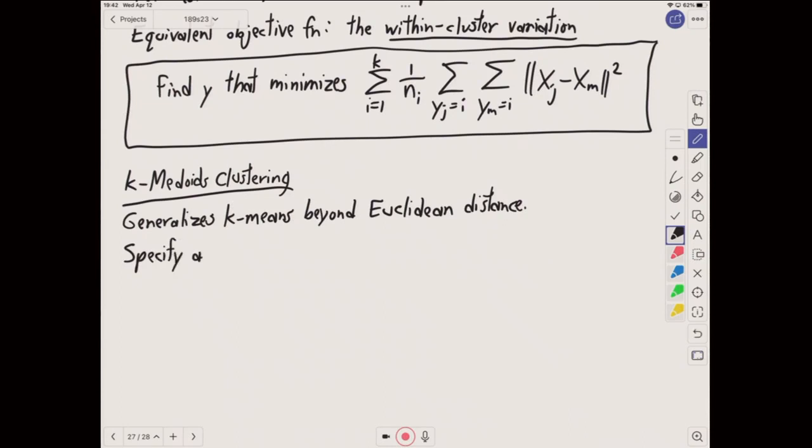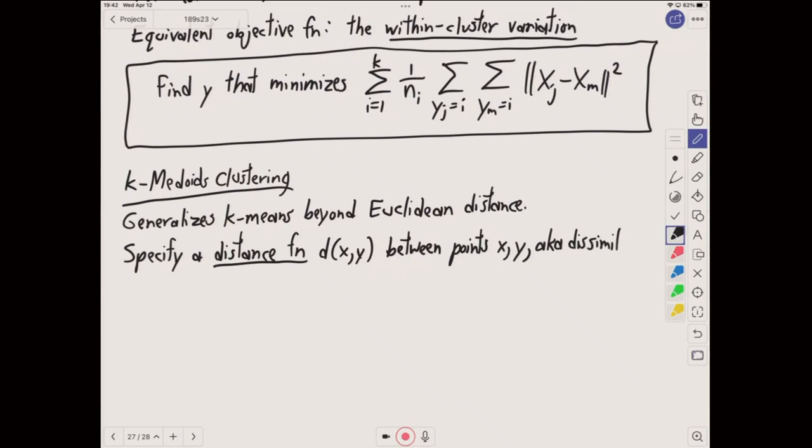So here, to get the ball rolling, first of all, we need to decide what metric we are going to use. I'm going to assume that there is some distance function, d of x and y, that dictates what is the official distance between 2 points, x and y. This distance function is also sometimes called the dissimilarity between the points. Now, this can be pretty arbitrary.